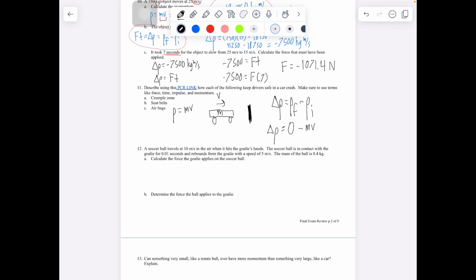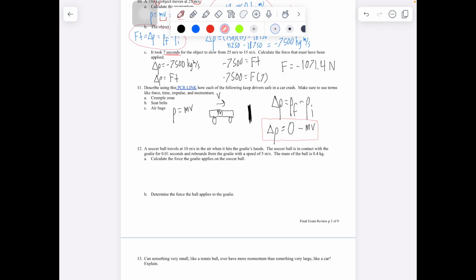What do crumple zones, seatbelts, and airbags have to do with any of this? Well, using our laws of momentum, even for the same change in momentum, the same car going the same speed, coming to a stop, the passengers can experience a drastically different force based on their safety devices.